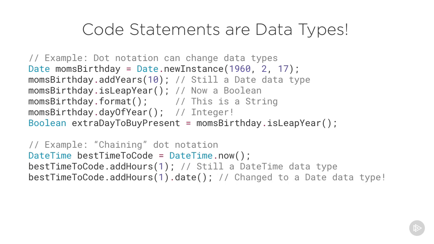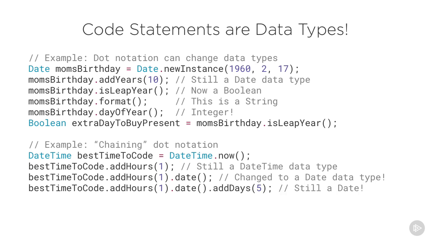Then, we use the date instance method. This method translates our datetime to a date. Now this entire line computes to a date instead of a datetime. And so, we can now only use date instance methods, in this case, addDays. This results in a date again, so we chain another date instance method after this.